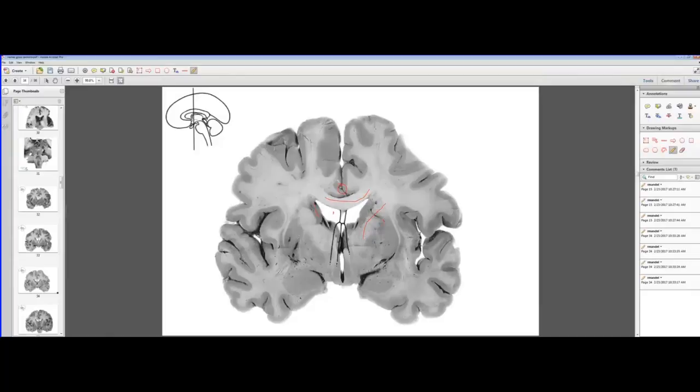So caudate, putamen, globus pallidus. Now this black line here is showing you where the fornix would have been. When they did the dissection, it got rid of it, but you can see the fibers here of fornix. Now we have a new ventricle here. That's this one right here.